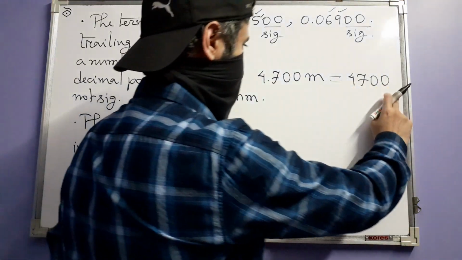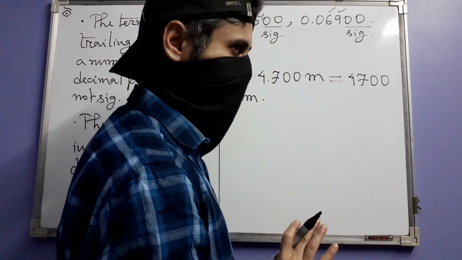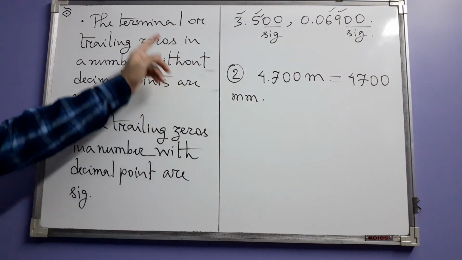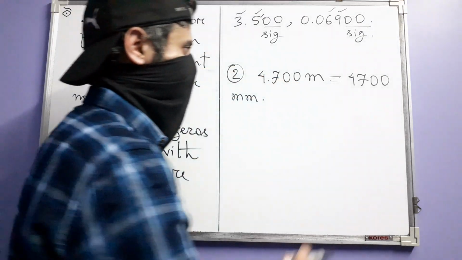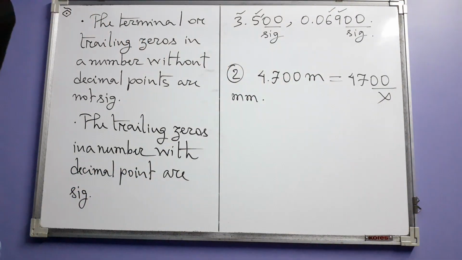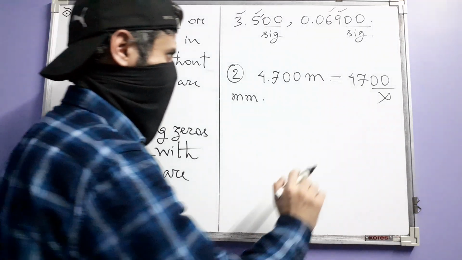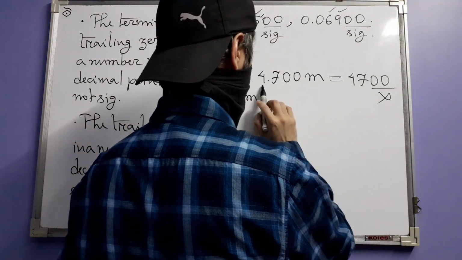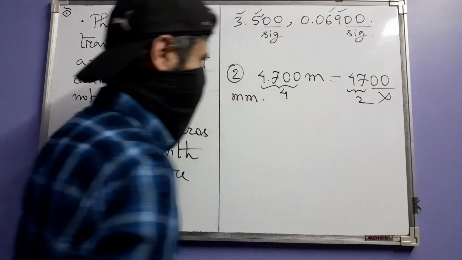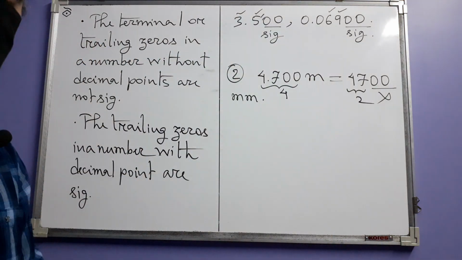This is a number with no decimal point. So according to this rule, the trailing zeros should not be significant. But if so, then the number of significant figures has gone down. From 4, it has gone down to 2, and we do not want that.